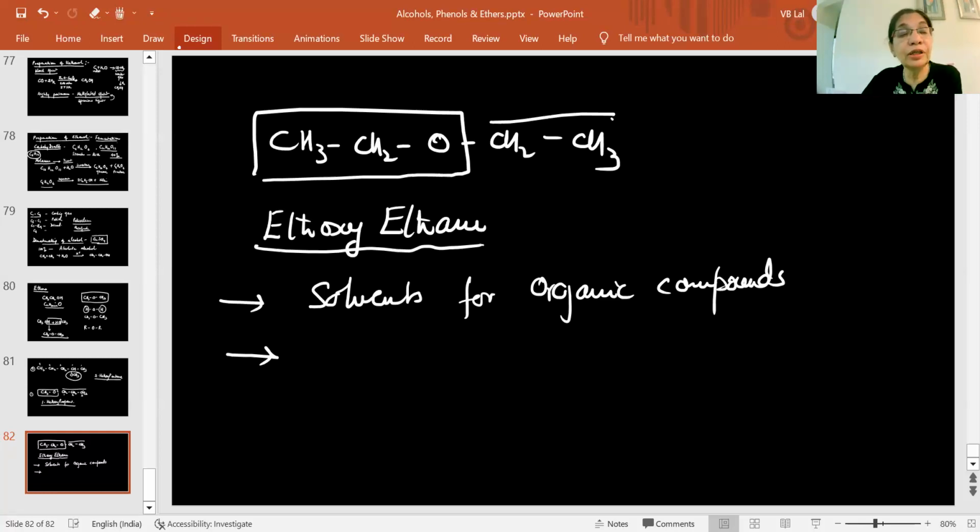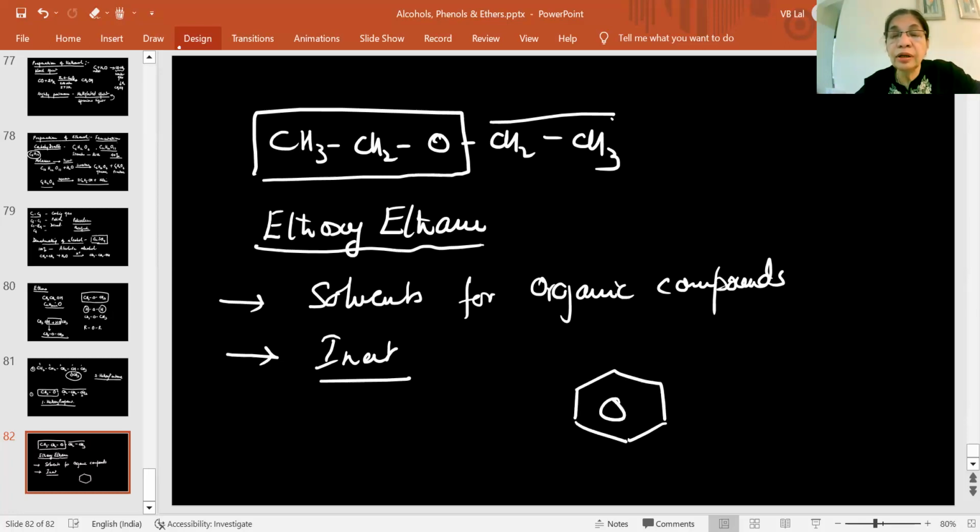The other reason they are good is that they are inert. That means they hardly take part in any reaction. Very few reactions they will take part in. Let me also tell you the name of this ether, OCH3. Okay, what will I call it?